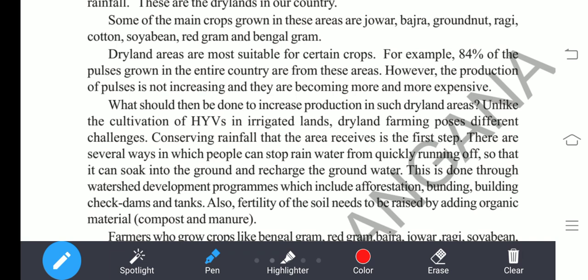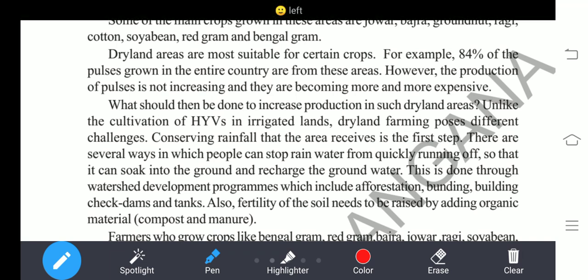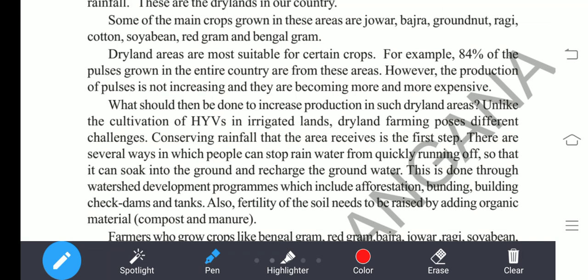When rainfall occurs, rainwater may flow very fast from one area to another area. So soil may not get time to absorb it. That is the first challenge in the dryland area.